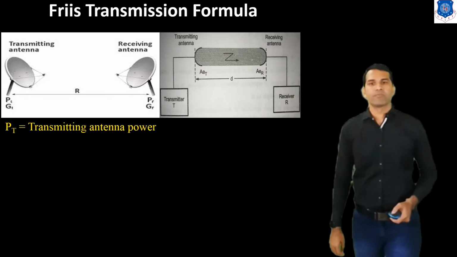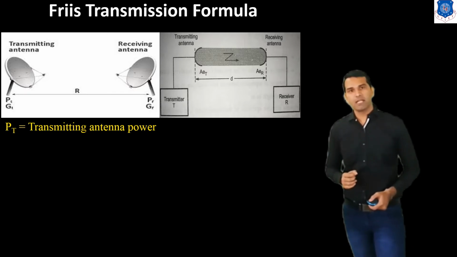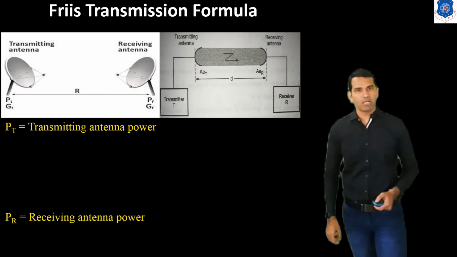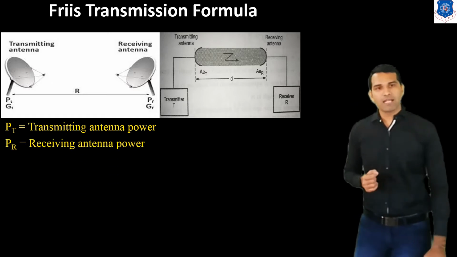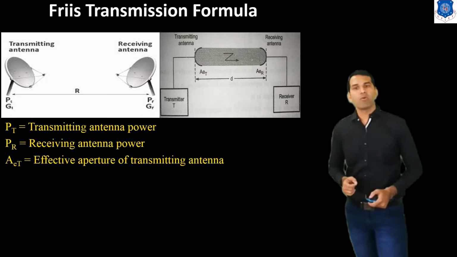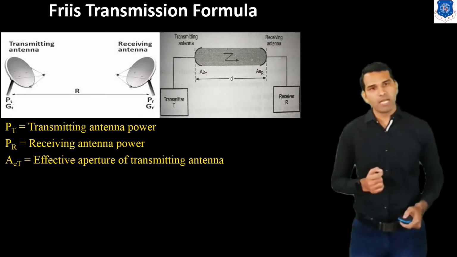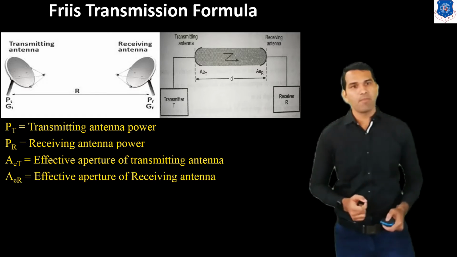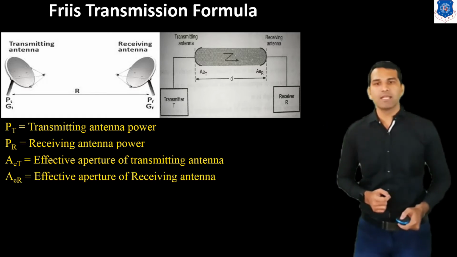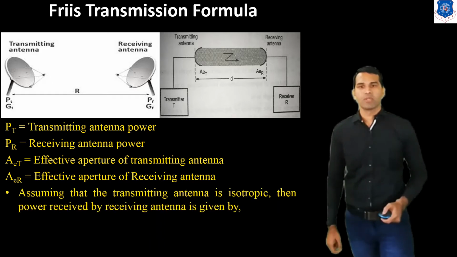Now we consider PT as the transmitting antenna power, and PR as the receiving antenna power. AET is the effective aperture of the transmitting antenna, and AER is the effective aperture of the receiving antenna.